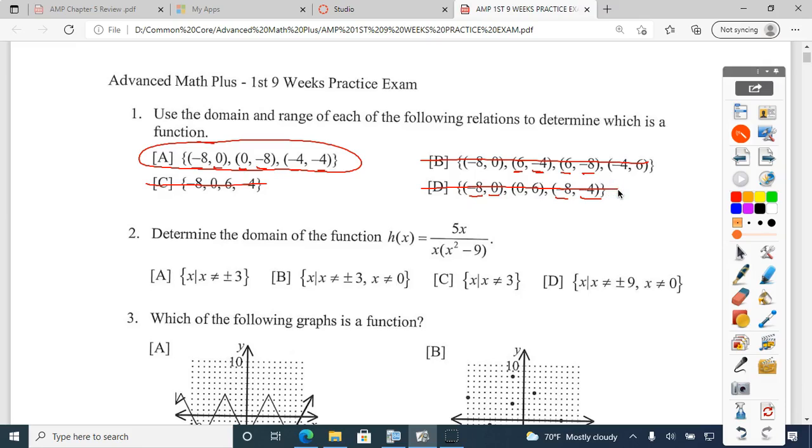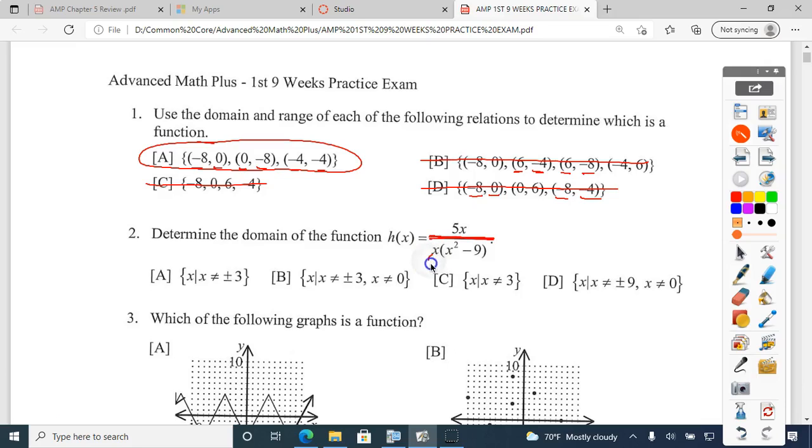Number 2 says determine the domain of the function h of x equals 5x over x times (x squared minus 9). You're just trying to figure out what x cannot be. Finding the domain says what x can be, but it can also say what x cannot be. We cannot divide by 0, so which of these answers would give you 0 in the denominator?